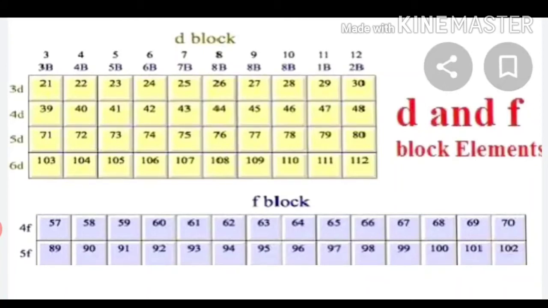These elements are known as inner transition elements or lanthanides. The general electronic configuration of this series is 6s1 to 2, 5d1 to 10. Okay. Now platinum, atomic number 78, and gold, atomic number 79, show abnormal electronic configuration.